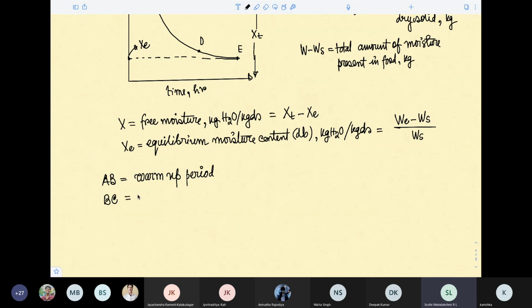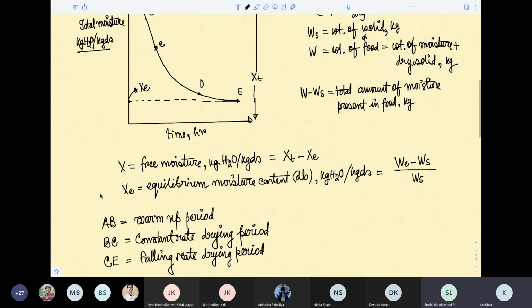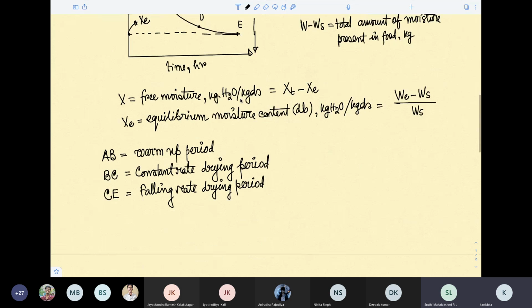BC is the constant rate drying period. CE is called the falling rate drying period.